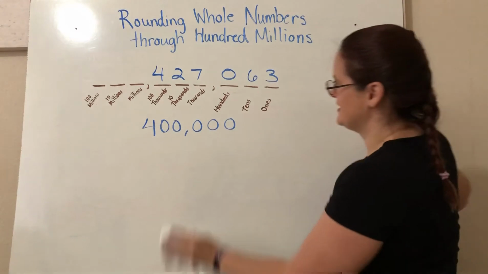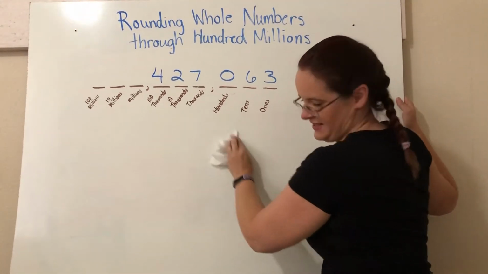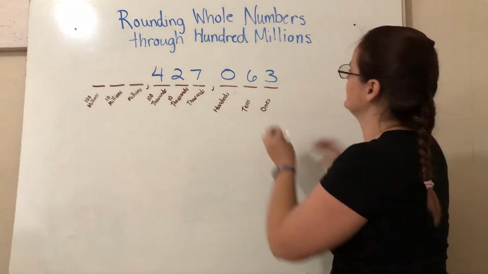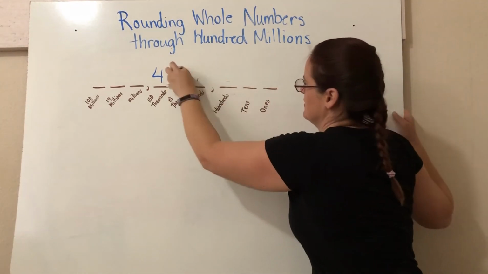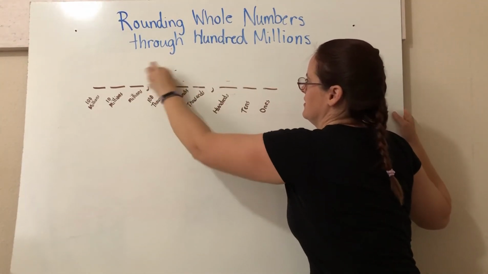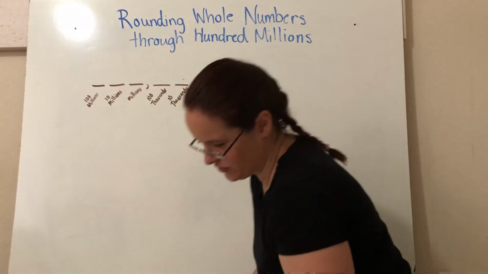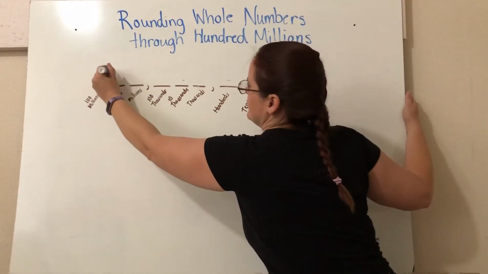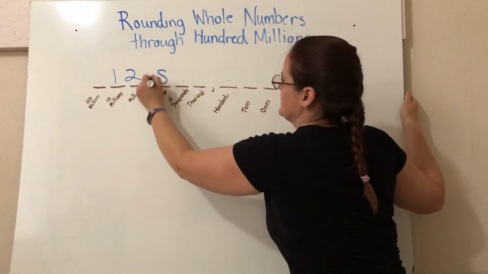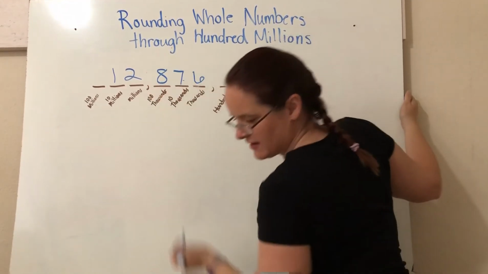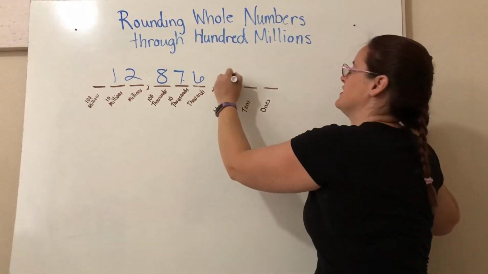All right, now let's try one to the millions. Actually, I think we've got to the 10 millions coming up here. Okay, we're going to do 12,876,250.